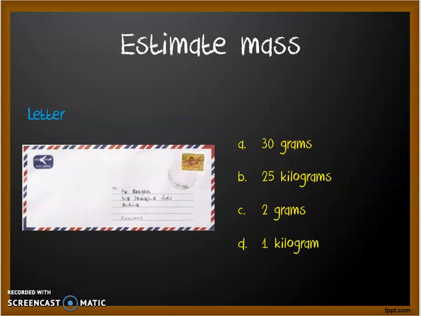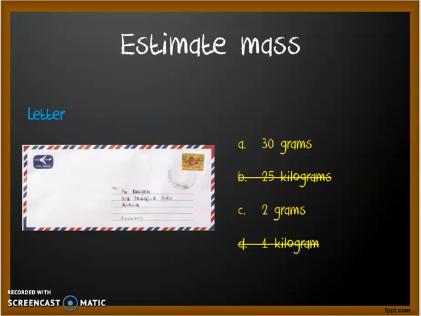Here we have a letter. So my choices are 30 grams, 25 kilograms, 2 grams, and 1 kilogram. Again, there should be two answers that just straight off the bat you know you can get rid of. We know we can get rid of 25 kilograms and 1 kilogram.